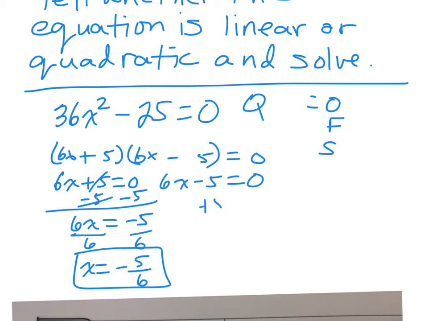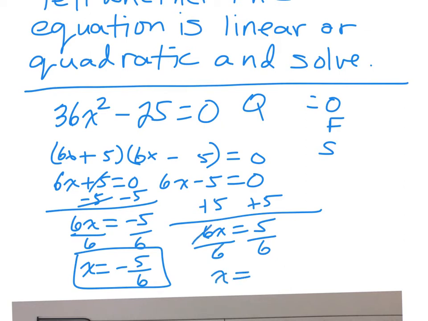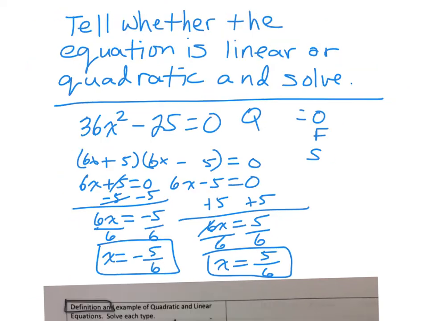And over here, if I add 5, I'll have 6x equal to 5. And divide by 6. And x will equal positive 5/6. Okay, so if you can recognize that as a linear or quadratic equation and solve a quadratic equation, that's not that big a deal. Okay?